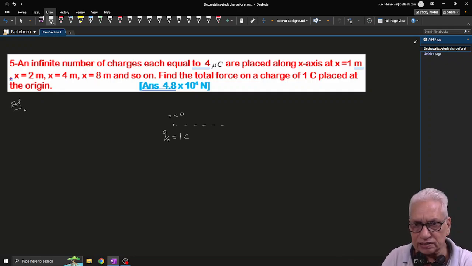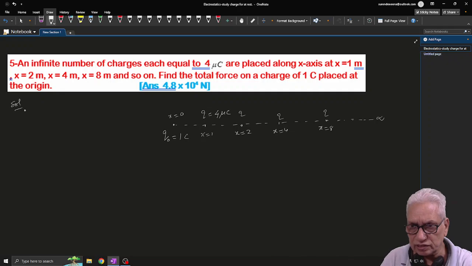Now on x axis, at different locations, at say x equal to 1, q is the charge placed, 4 microcoulomb. At x equal to 2 also, this is the same charge. X equal to 4 also the same charge. X equal to 8 centimeter, it's also the same charge. And this process going on, charges are arranged up to the infinity. Means all are positive charges, so this is also positive.